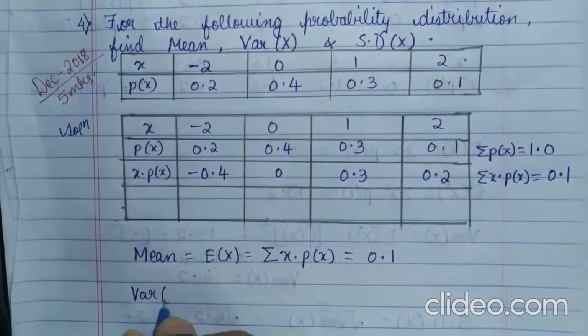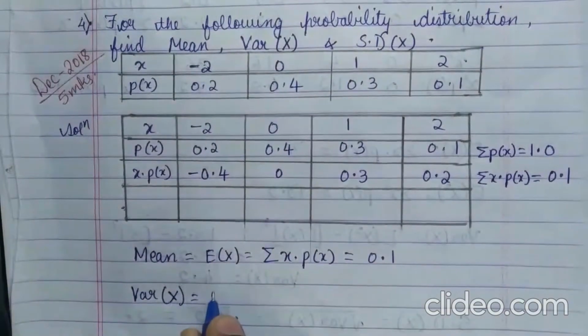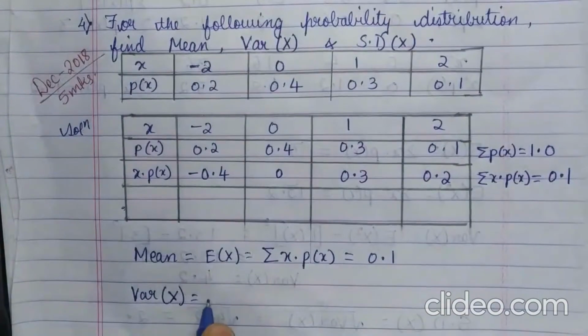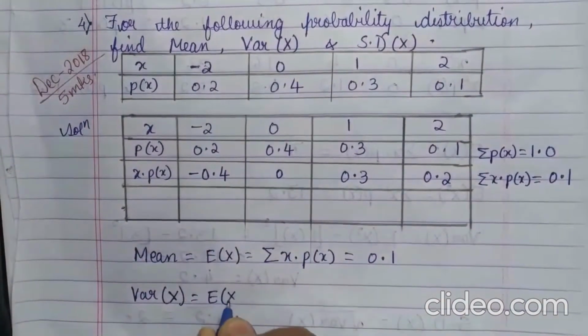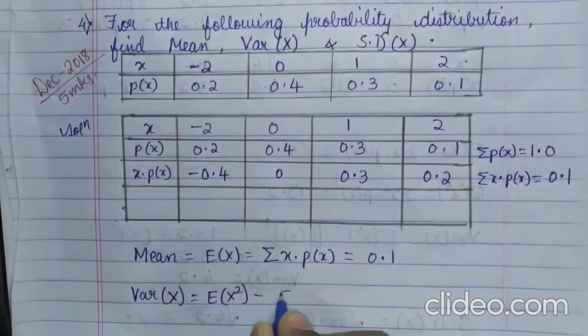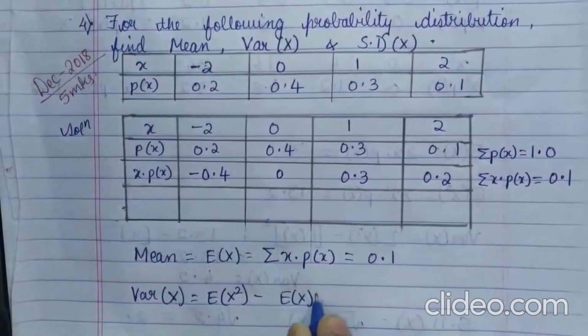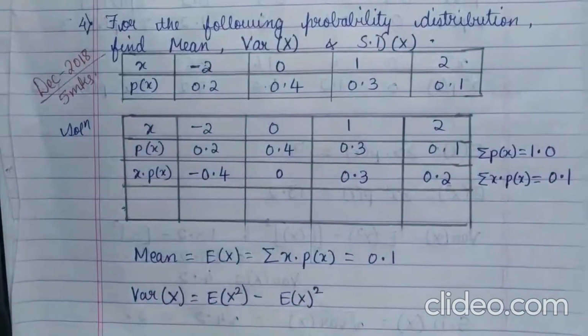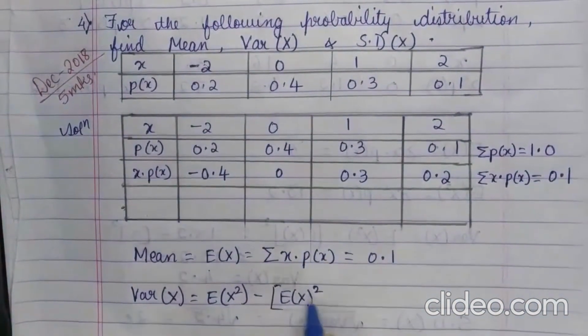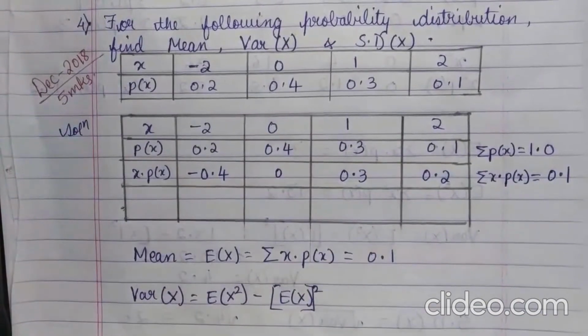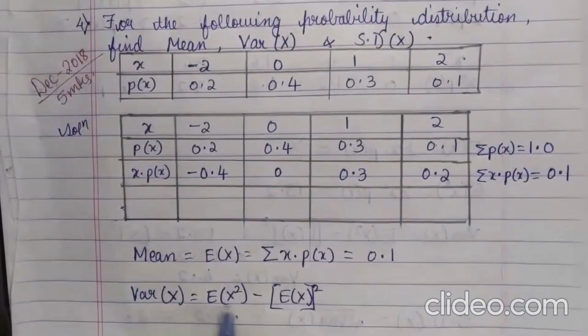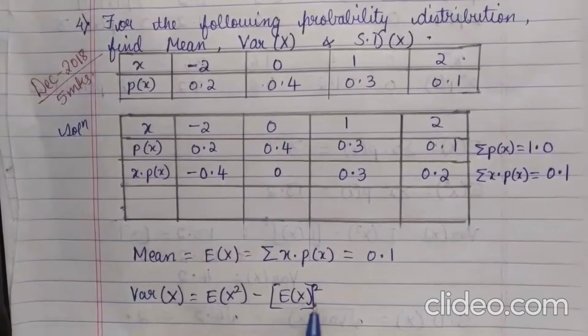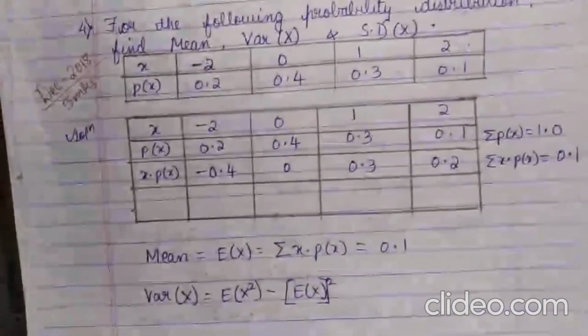Variance of x is equal to e of x square minus e of x the whole square. Okay, sorry for this.